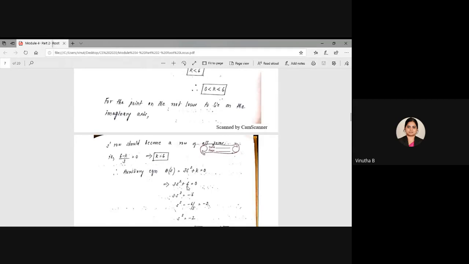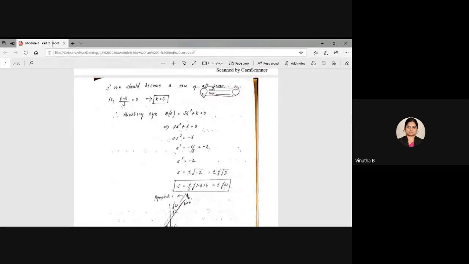So 3s square plus k, write k down as it is. See here, 3s square plus k is equal to 0. Then put the k value as 6 and solve for s. When you find the value of s, you will get plus or minus j 1.414.